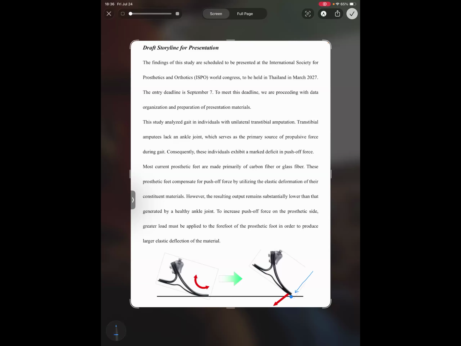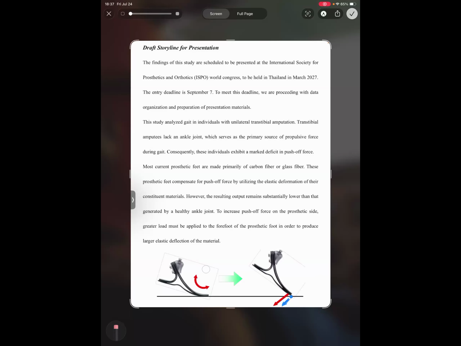You see my arrow? Yes, I can see. Your red arrow should begin at that point there, where it contacts the surface. Okay, I will modify it. Thank you.